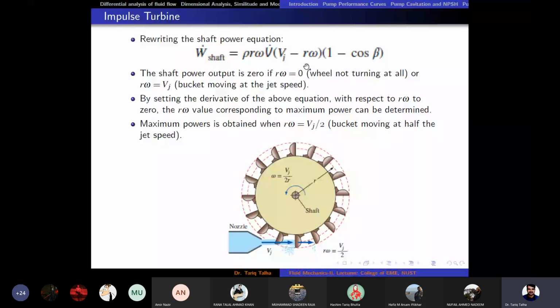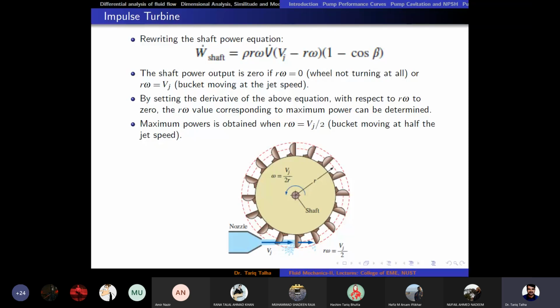If Vj is equal to R omega, then we wouldn't have any output work. So V not turning, or if R omega is equal to 0, then also V is not going to turn. So both of these are limiting cases, as it was also for the pump. If you remember, for the pump we had shut-off head, and then shut-off point, and then free delivery point.